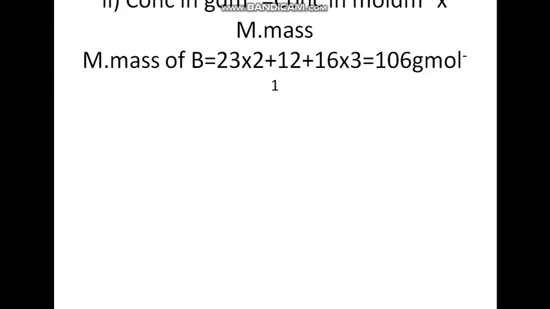Therefore, concentration of B in gram per dm cube will equal 0.164 multiplied by 106, and the answer is 17.38 gram per dm cube.